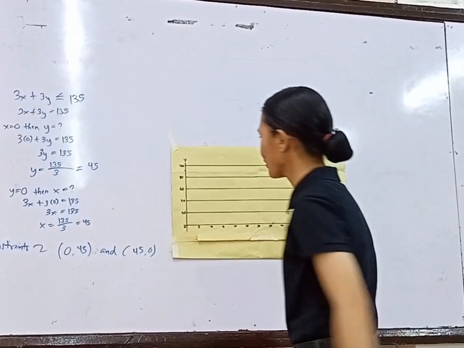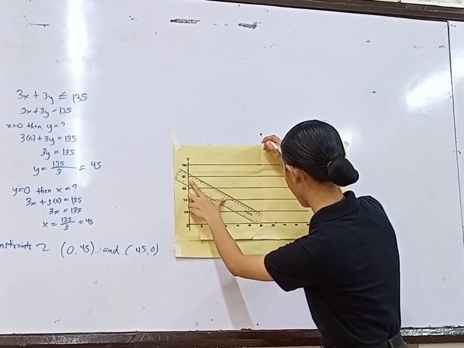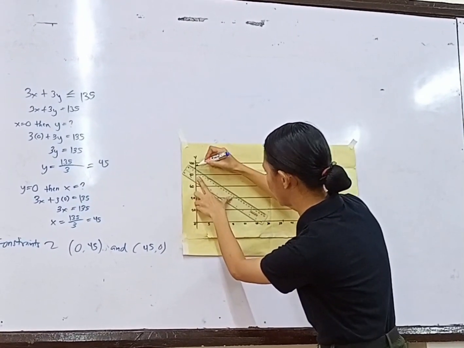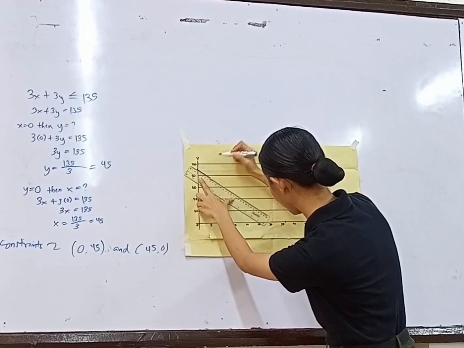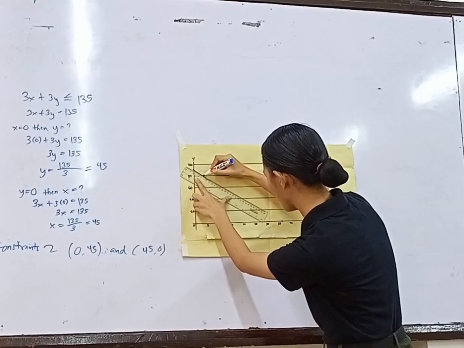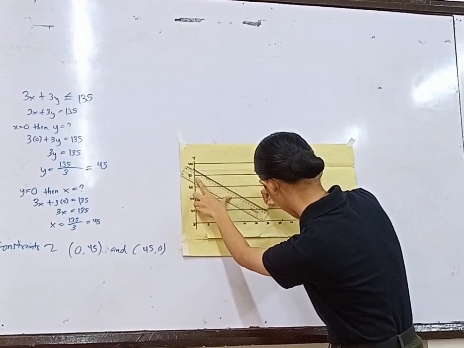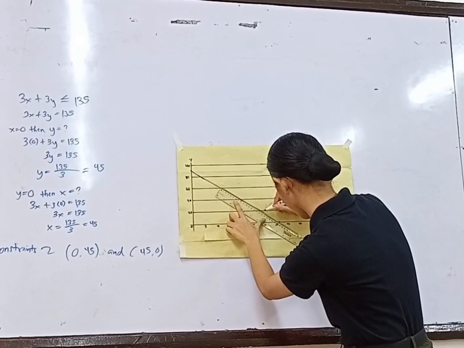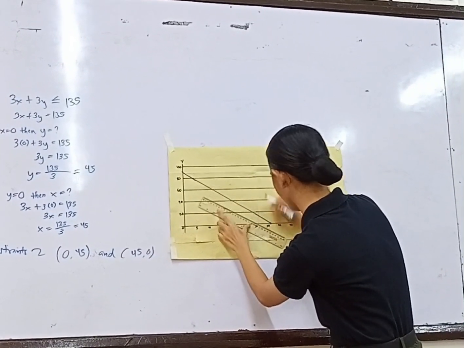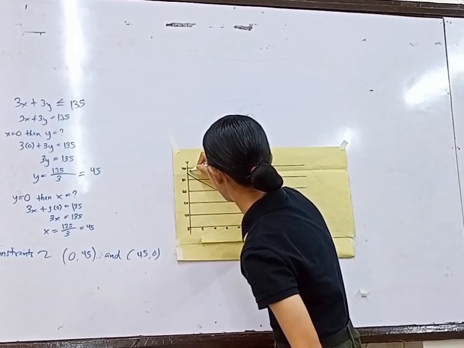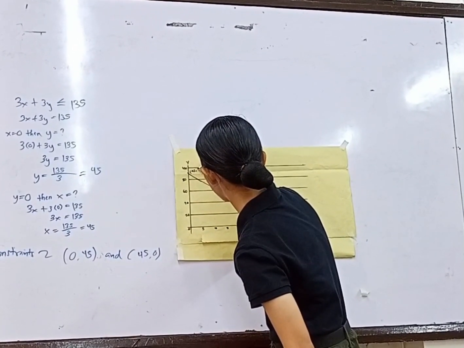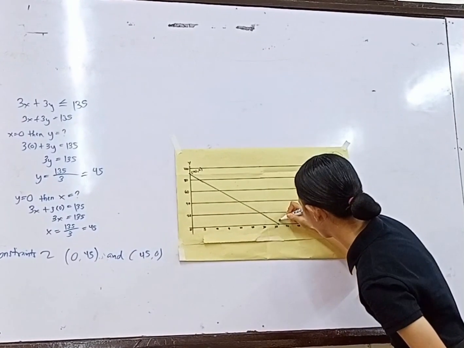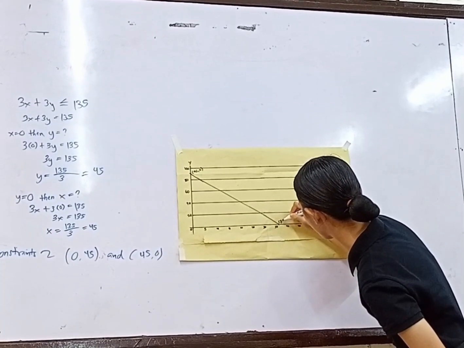So we draw the line. This one is 90 and 36.